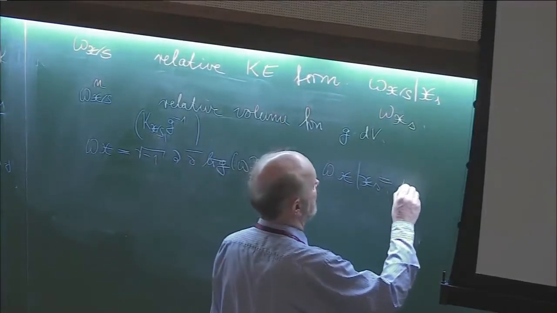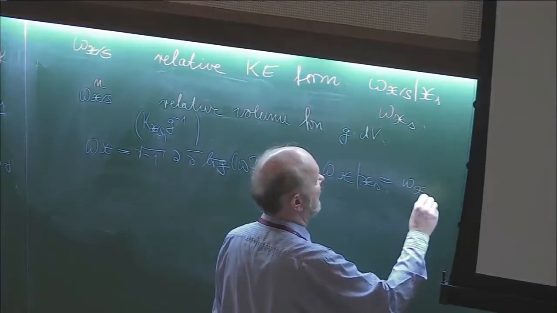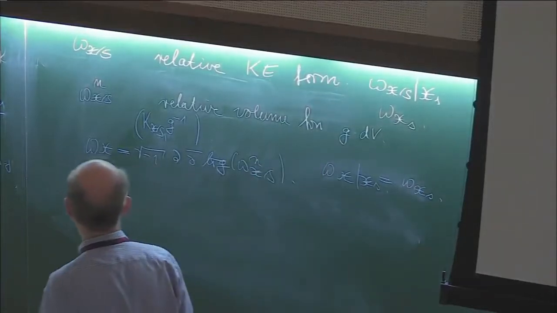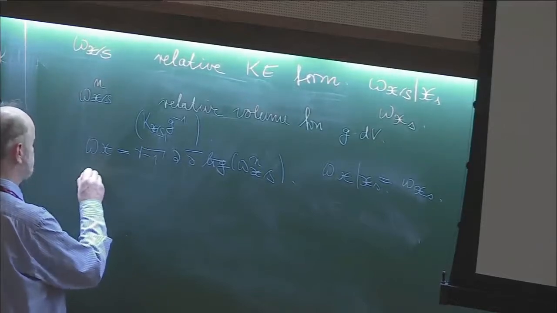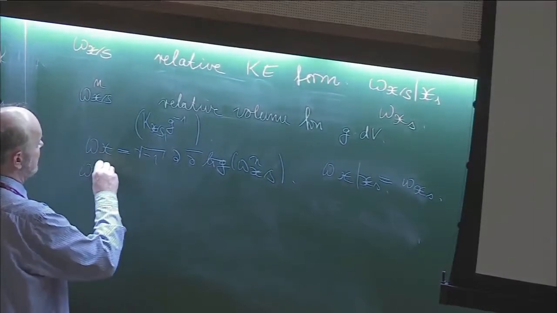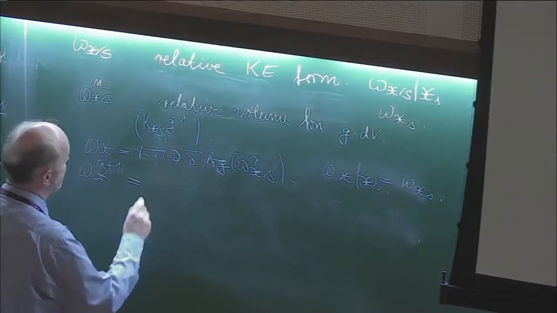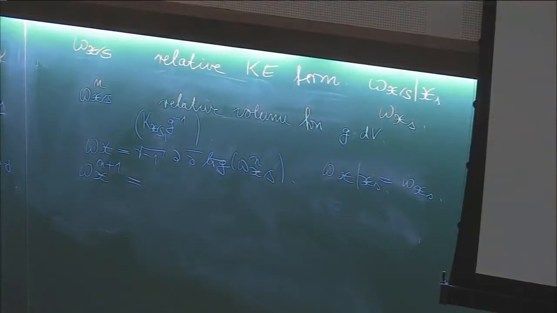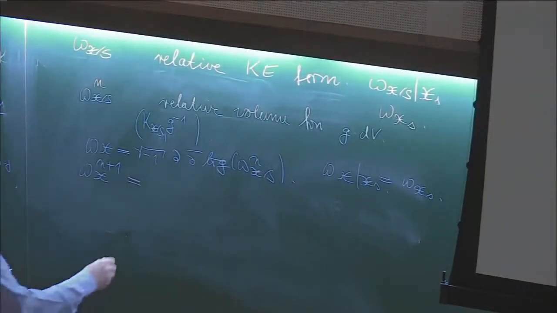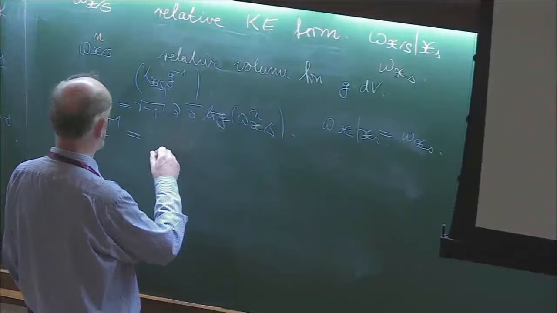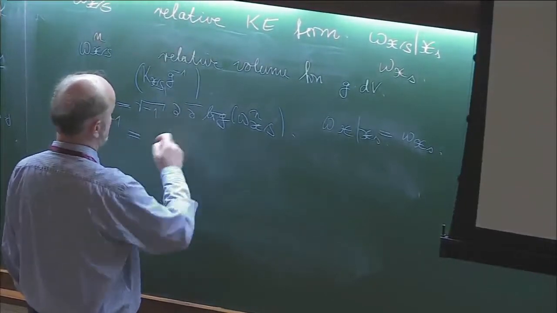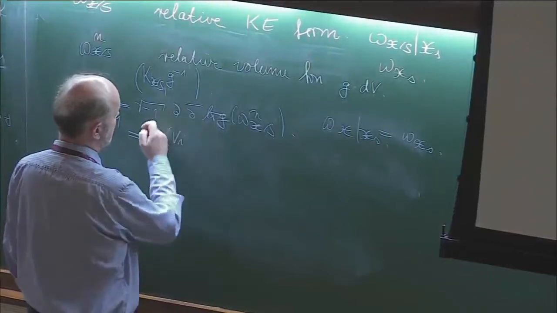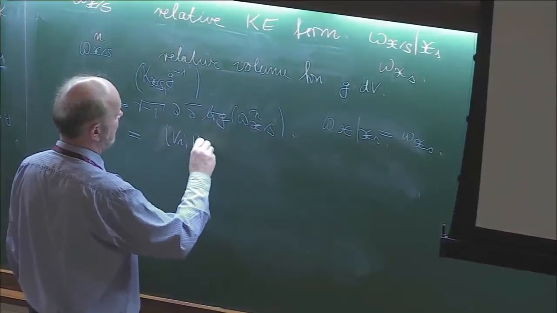So then this is omega xs. Now comes the following formula. Omega x to the power n plus 1. This is equal to something like Vi inner product Vj.